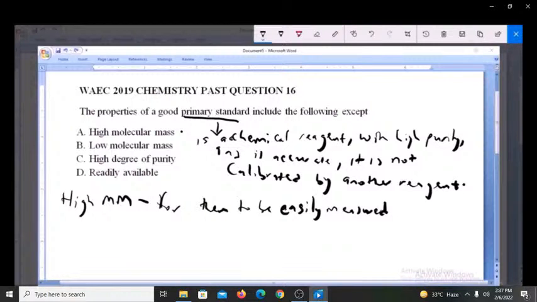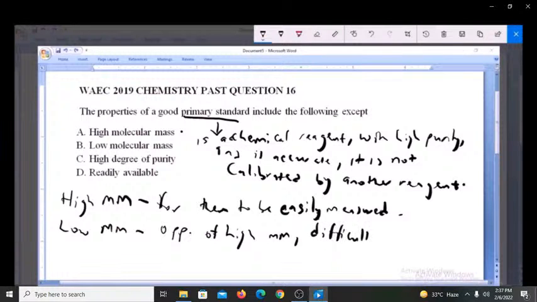Now, a high molecular mass enables the primary standard to be easily measured and accurately weighed without or with minimal error. Now, low molecular mass. The low molecular mass, of course, is opposite of high molecular mass. And if it is opposite of high molecular mass, it means that there will be difficulty in measurement.